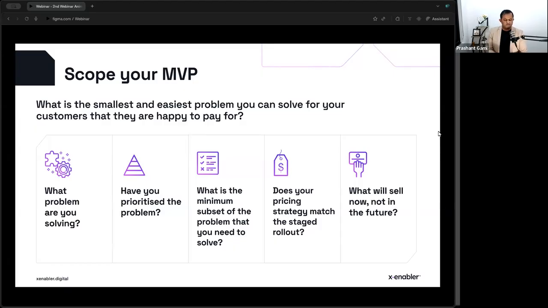It might even be something else that you only encountered during the talking to the customers. All right. What is the problem that is the easiest one to solve and they're happy to pay for it? If you can identify that within the product domain that you are doing, that's your first win, because that gives you a simplest, smallest scope to generate money.